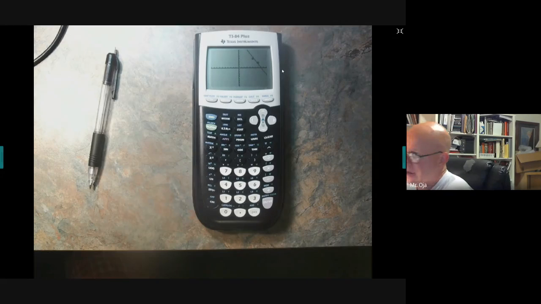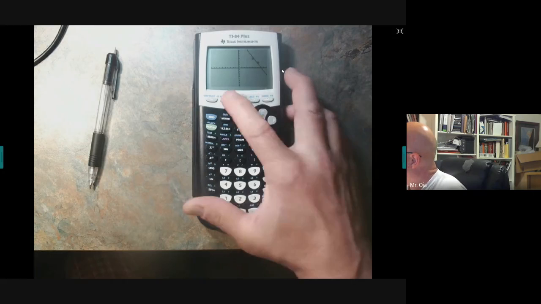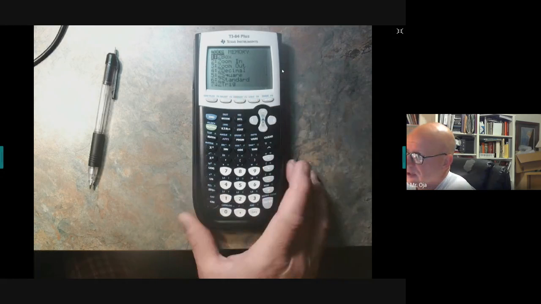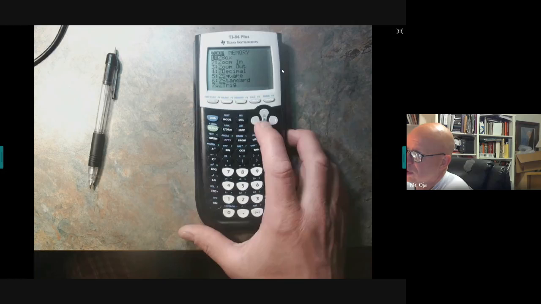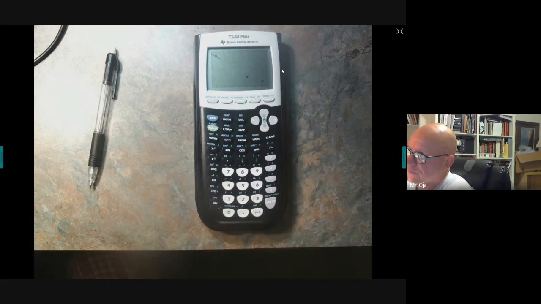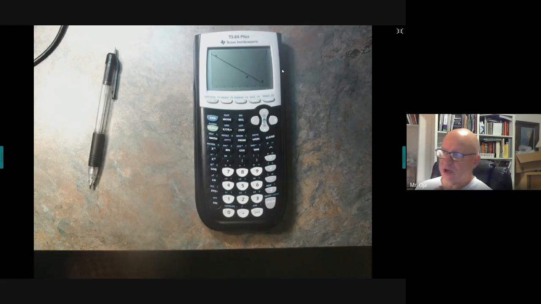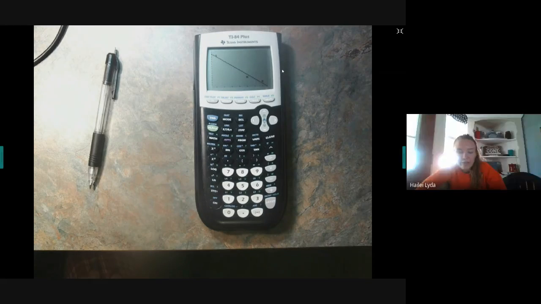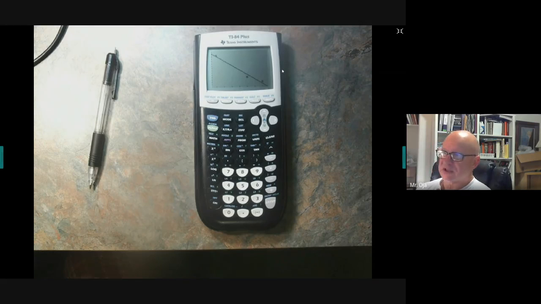And if I want the window to show all of the data points that I entered, I can go up to the zoom menu again and go down and hit zoom stat, which I think is 9. Yeah, zoom stat. Now it'll size the window on the calculator so it spreads out all of the data points that I entered, and there's my line. So you can see it's a pretty good fit. Okay, does that make sense? Yeah. Okay. All right, so then let's do this on Desmos because you're going to like Desmos better.